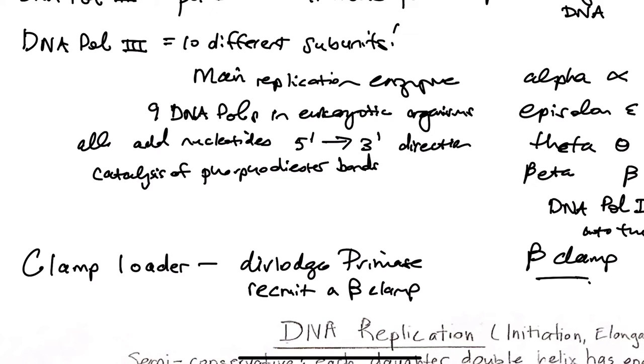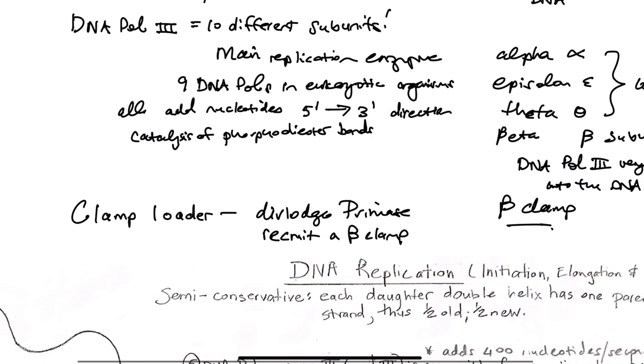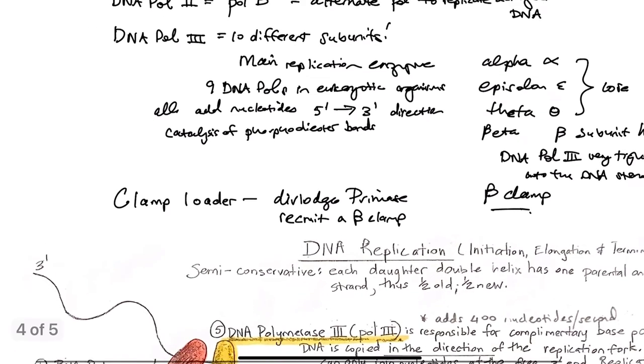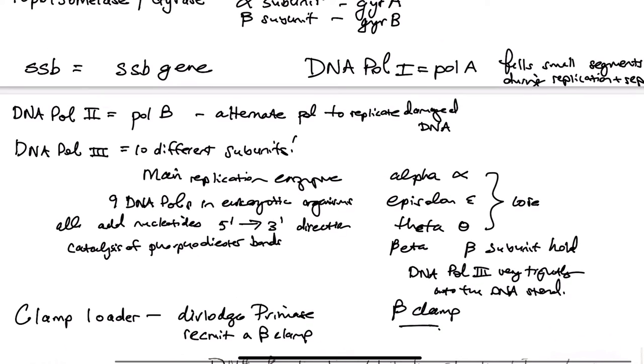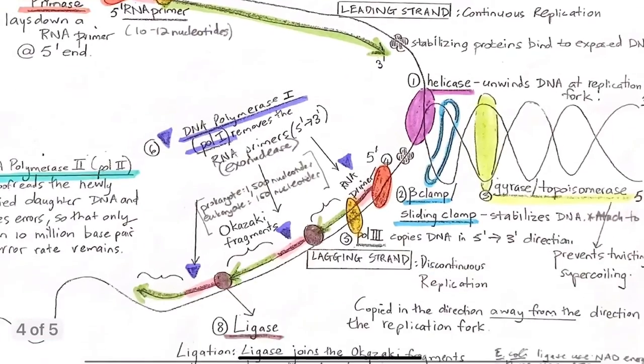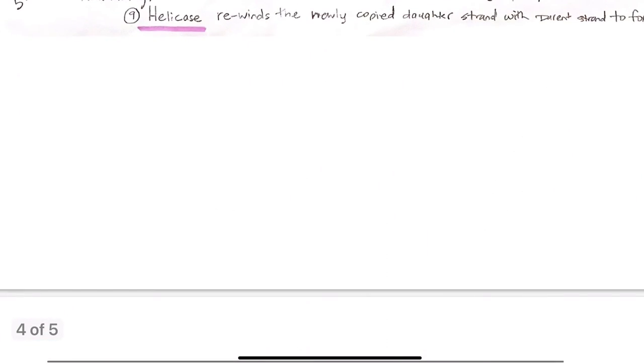All right, now all 3 of these pols, DNA pol 1, 2, and 3, are what we refer to as exonucleases. So let's move down here a little bit where we have more space.